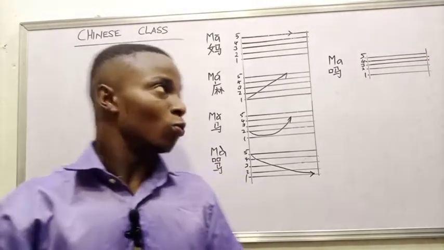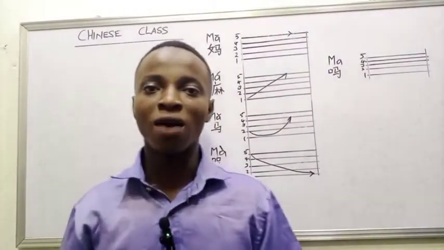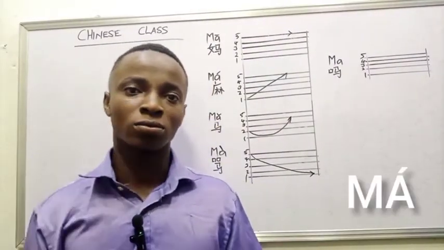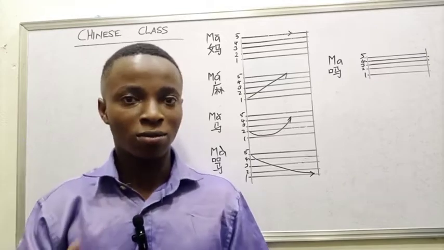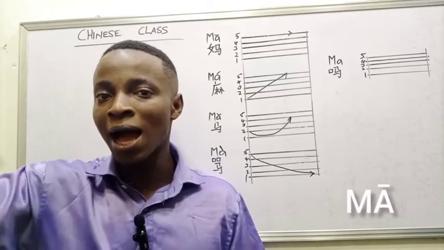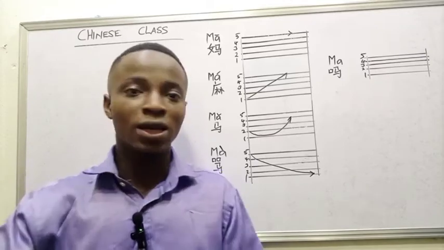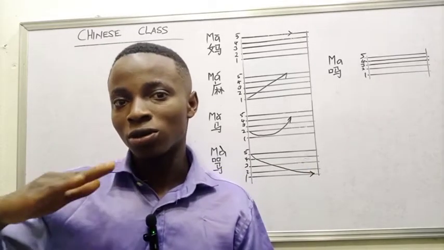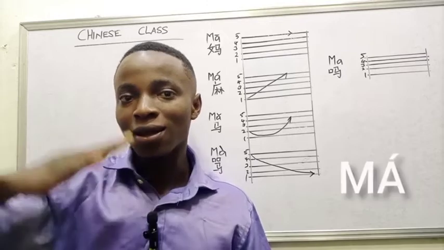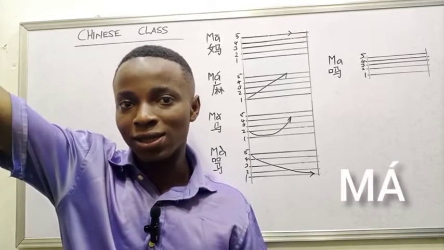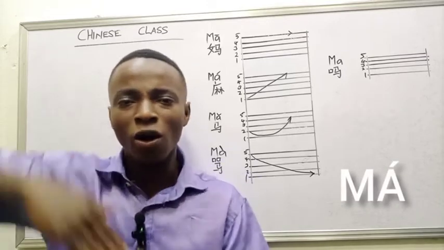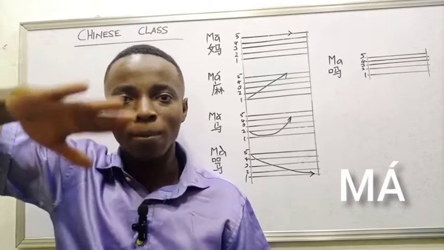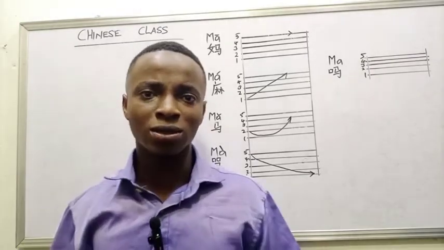With the sample written on the board, remember the first tone, we have ma as a flat tone. Then the second tone, which is a rising tone, is ma. You can see it started from a lower pitch and then goes up immediately. Ma. And what does that mean?